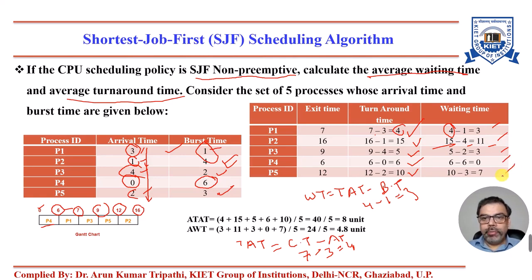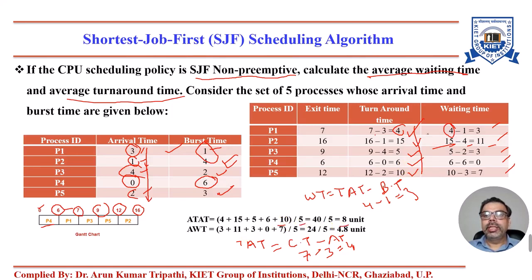Now, how can we calculate the average turnaround time and average waiting time? For average turnaround time, we add the turnaround time of each individual process divided by the number of processes. So it is 4 plus 15 plus 5 plus 6 plus 10 divided by the number of processes, that is 5.